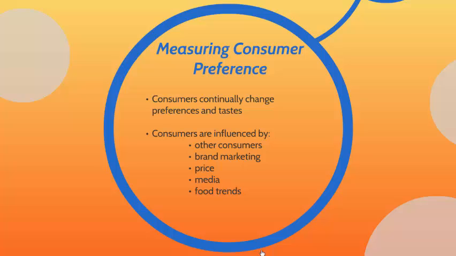We have more media outlets now in terms of social media, and also food trends. People are starting to restrict their diets, things like gluten-free, low-fat, low-carb, sugar-free. All of those are definitely influential to markets.